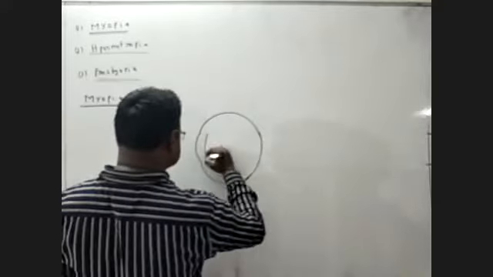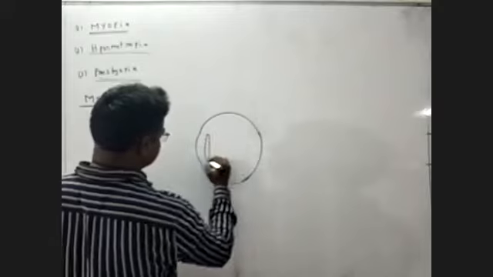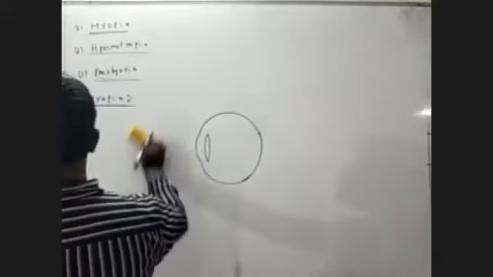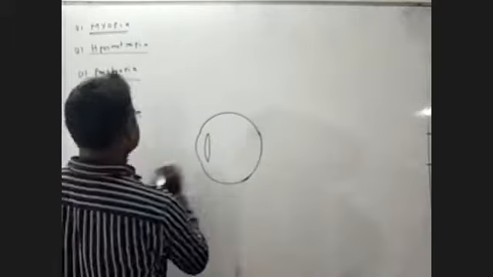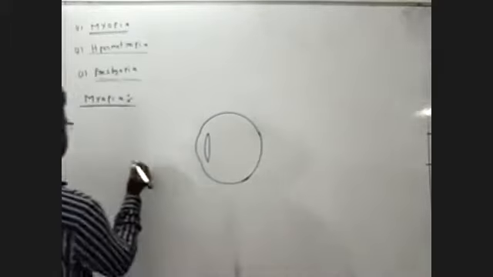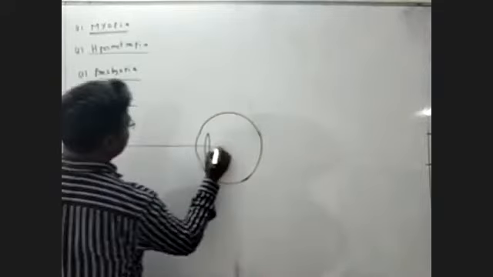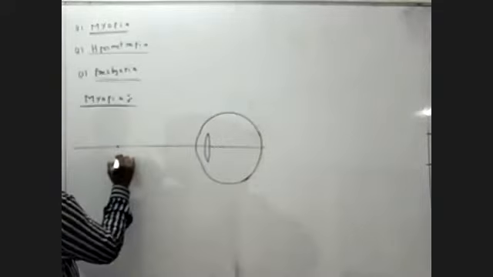This is the lens, the crystalline lens. This is the principal axis. This is the M point. This is the L point.